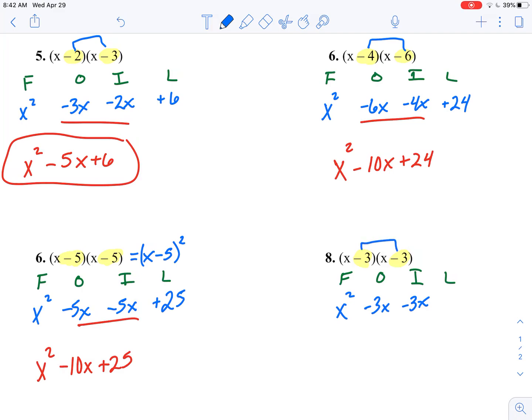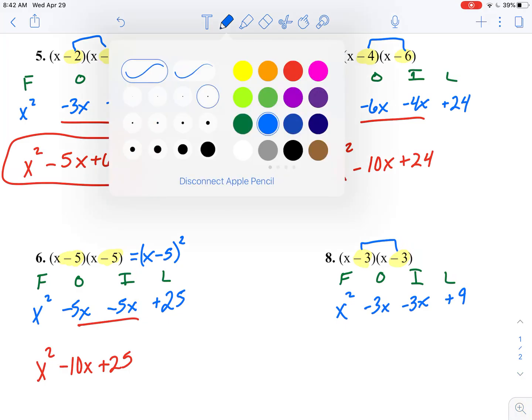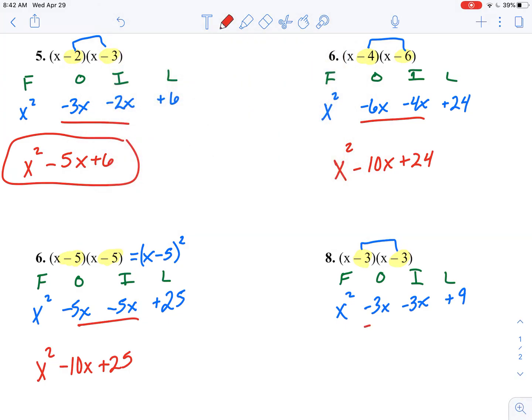And our next one here, first product is x squared. Outers, x times negative 3, negative 3x. Inners, negative 3 times x, and our last is negative 3 times negative 3.